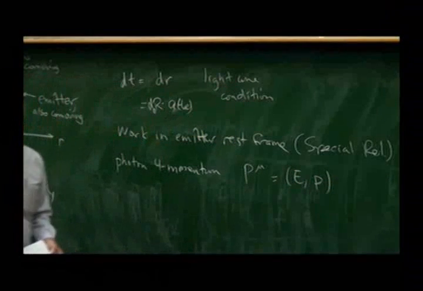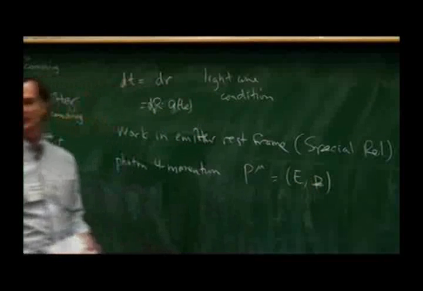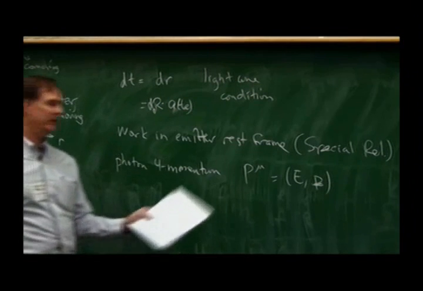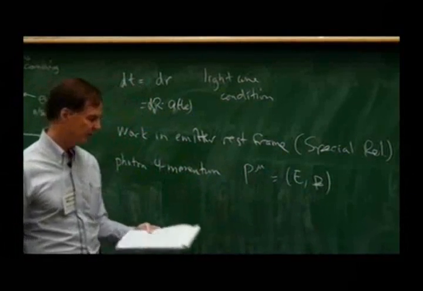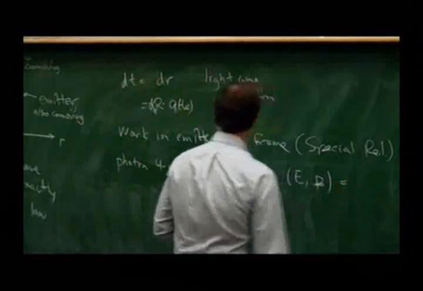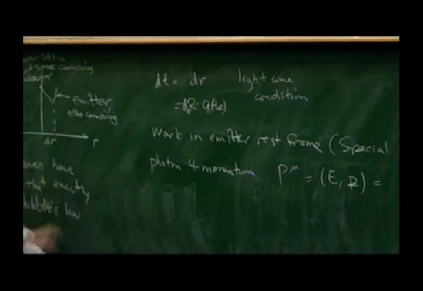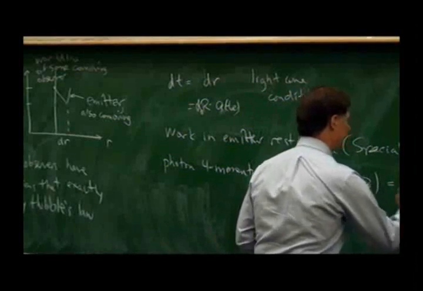I use an underscore to denote the spatial components, the three-momentum, and I group together p superscript 0, which I call E, the energy, and the spatial components like this. That's my notation for grouping together space and time components. And I want to label this photon by the energy it had when it was emitted. So I'm going to call that E subscript e for emitted.